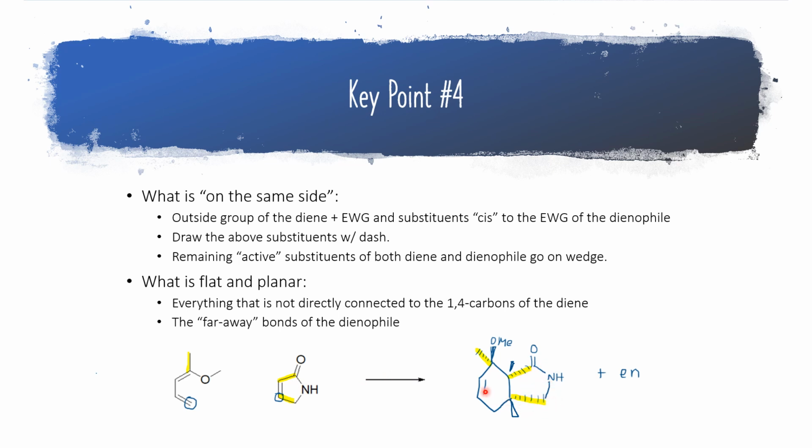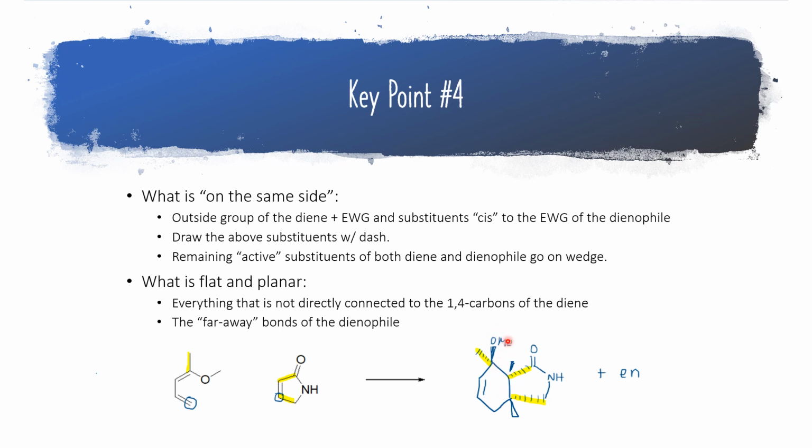Now notice everything else that's not actively part of it is flat and planar. So this means carbon number 2 and 3, as well as the ones after this carbon, all go flat and planar as well.